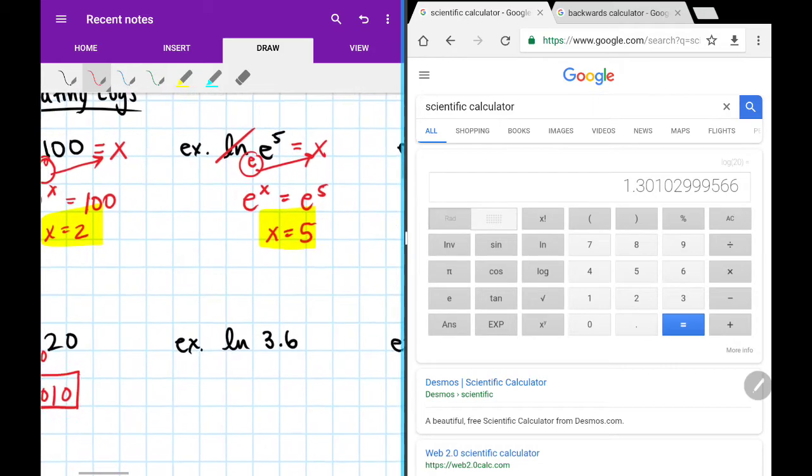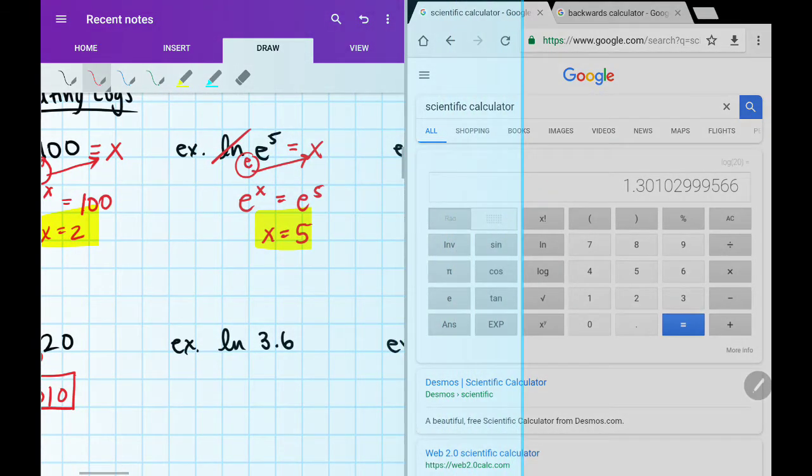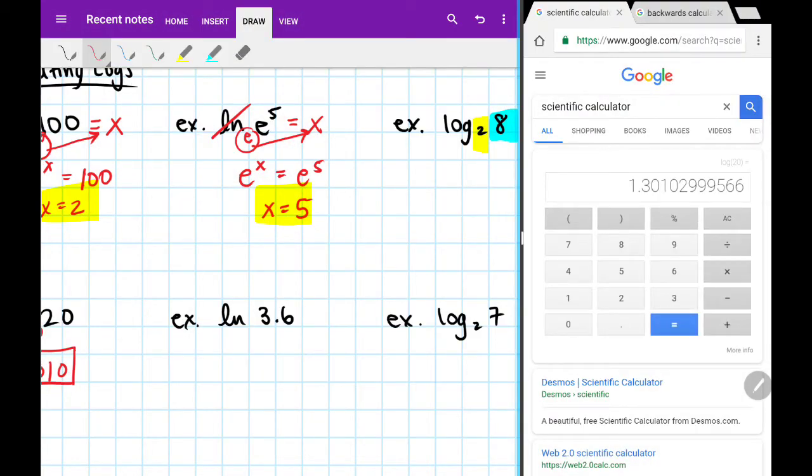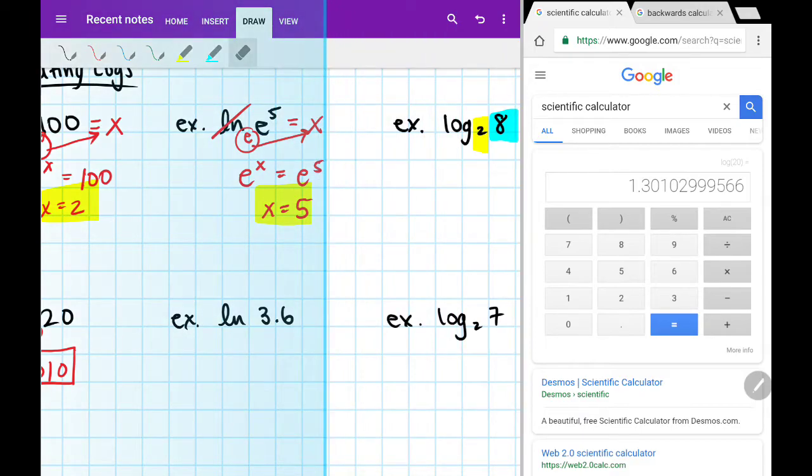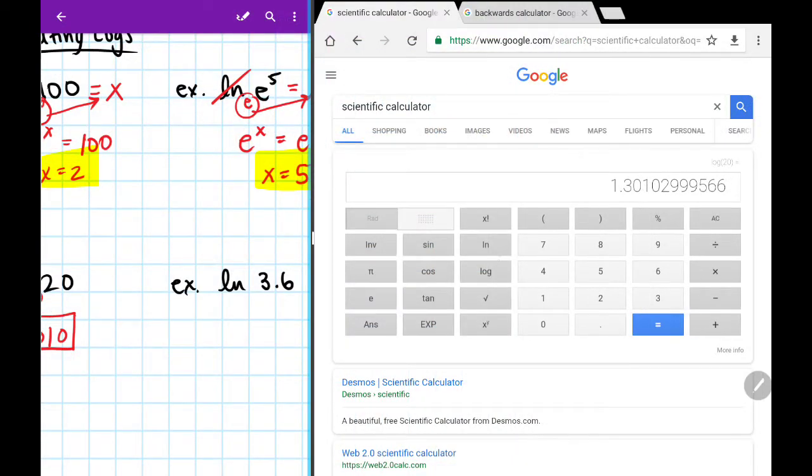Okay, let's try the next example. ln of 3.6. So again, our missing base is e, but we don't actually know how to answer this question. We don't know the missing exponent. So we've got to use a calculator again. Well, luckily, our calculators have an ln button. So hit natural log, and then 3.6, close the parentheses, and our answer is 1 point... Let's write it in.